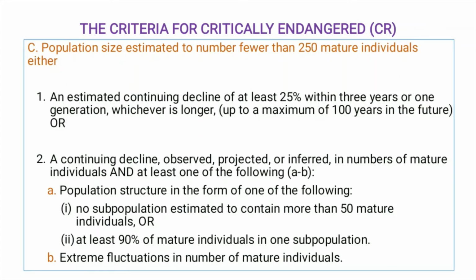If there are extreme fluctuations in the number of mature individuals in the subpopulations, along with 250 mature individuals in the population, then it can be declared as a critically endangered species.